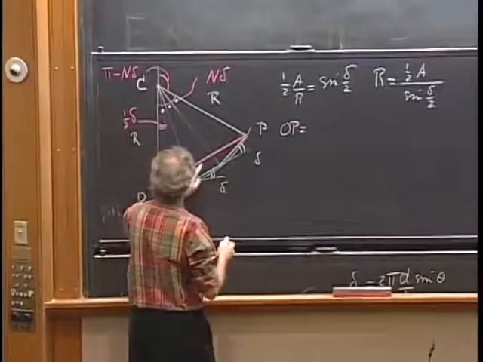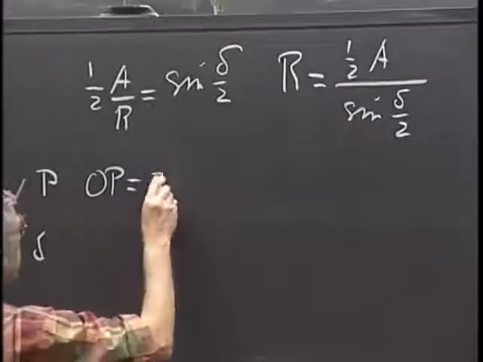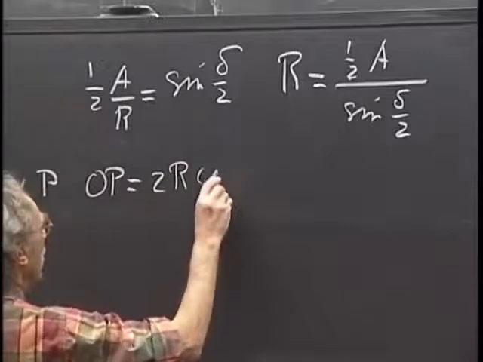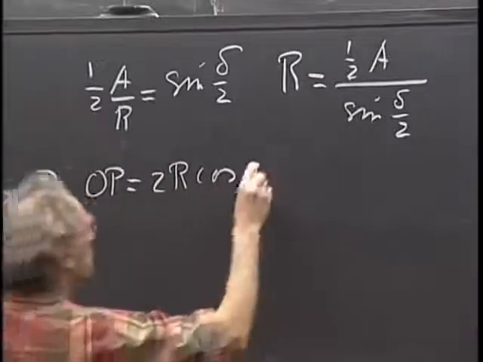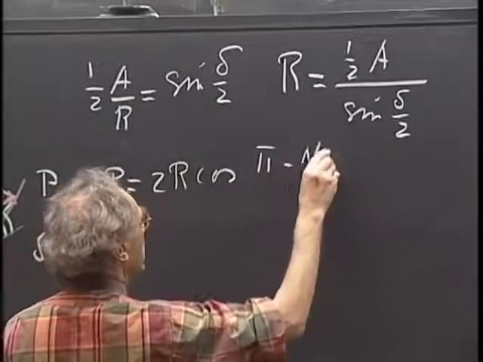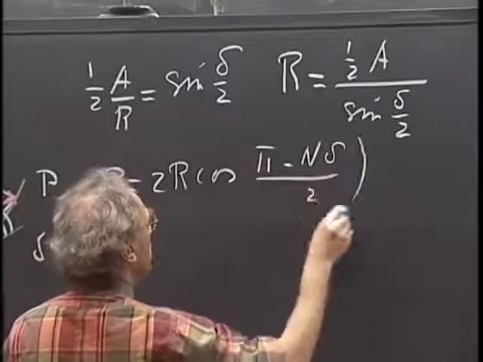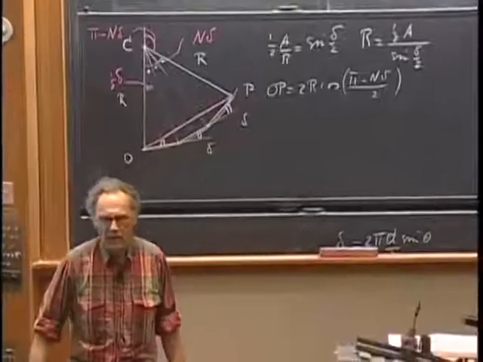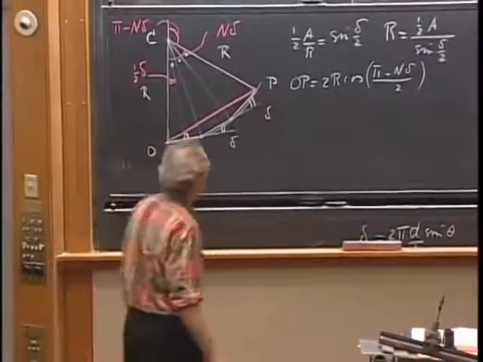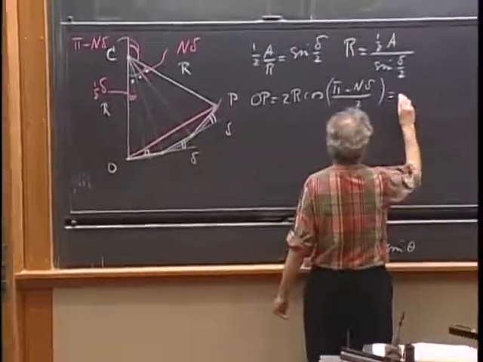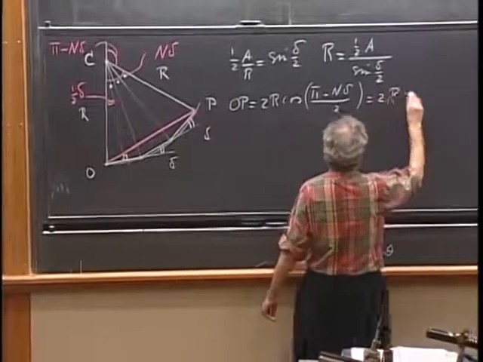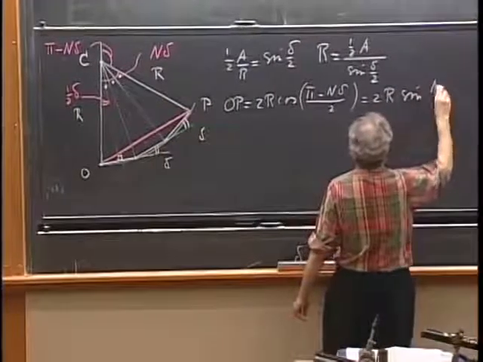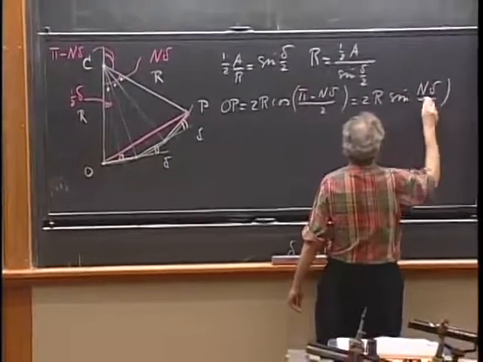And therefore, this length here is 2R times the cosine of half that angle, pi minus n delta divided by 2. But pi over 2 is 90 degrees, and 90 degrees minus the angle is the sine of the angle. So I can also write for this 2R times the sine of n delta over 2.